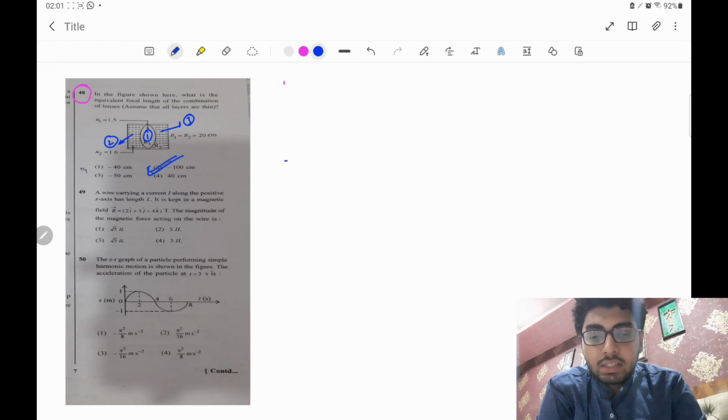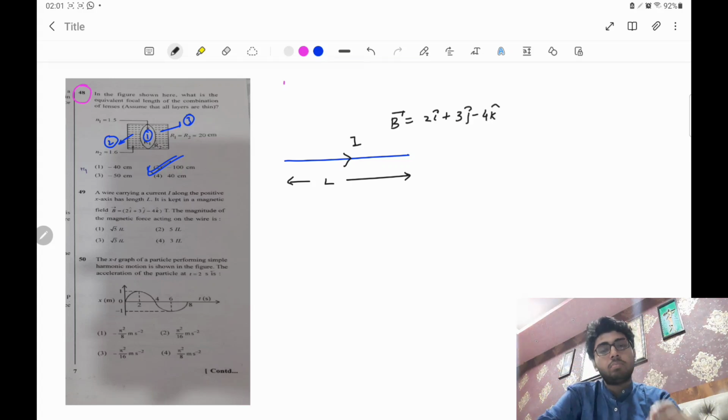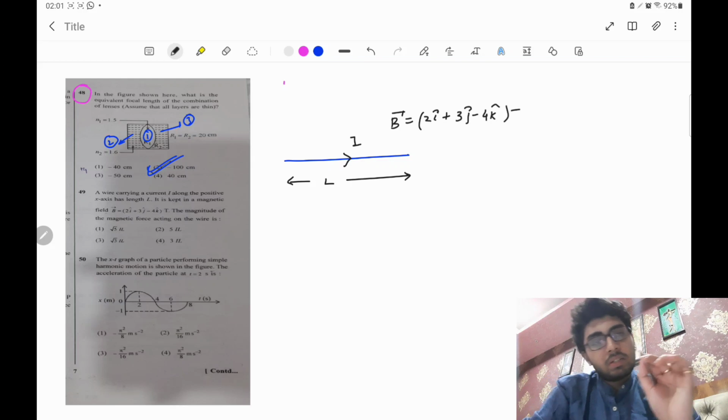There is a wire like that, carrying a current I, and the length of this wire is L, and it is within the magnetic field. In this region a magnetic field exists which is given as 2i cap plus 3j cap minus 4k cap Tesla. Simple, right?